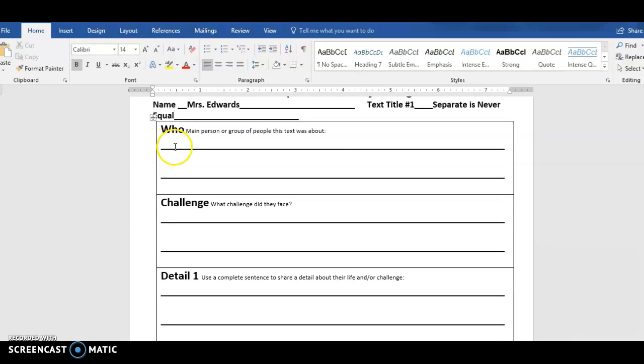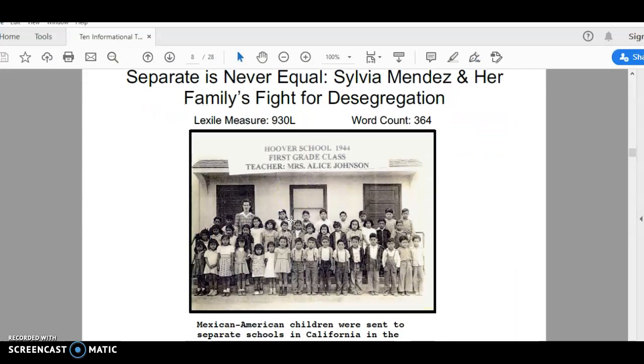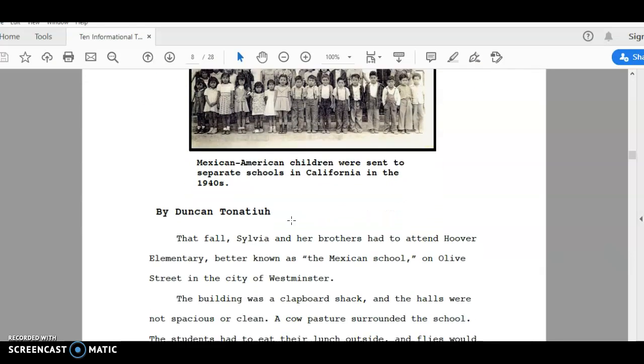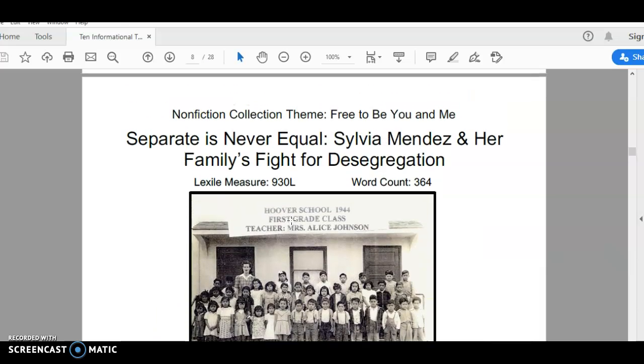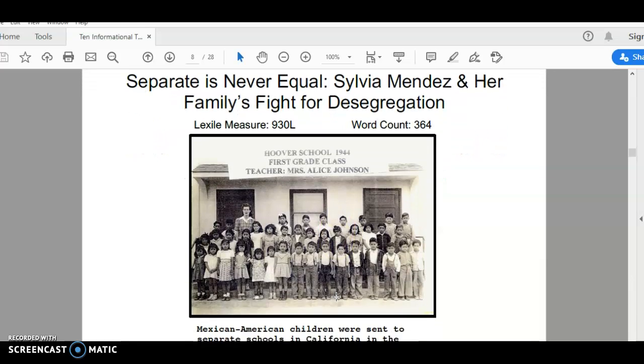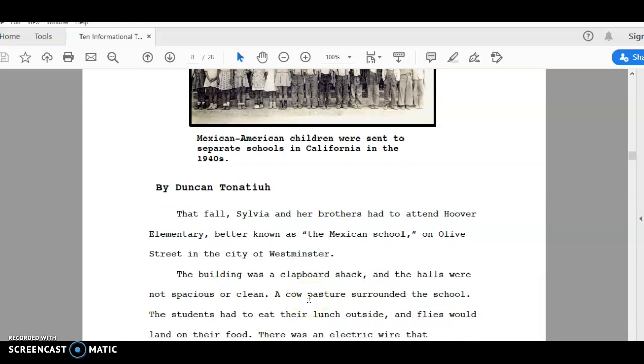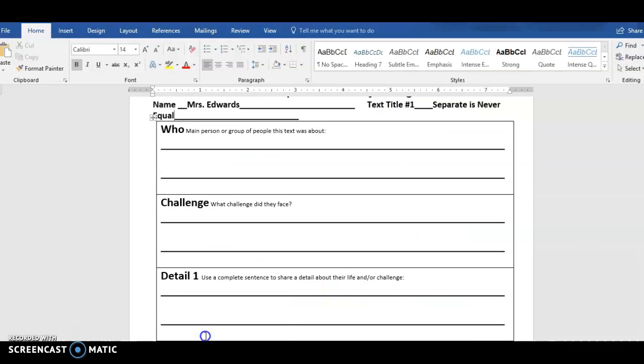So I look at my first box and it tells me who is the main person or group that this text was about. So if I go back to my text and I look, now granted, you're going to want to read through the text to make sure. It looks like this text is about the Mendez family. It says Sylvia Mendez and her family's fight for desegregation, or it might be about the whole group of these Mexican American children. So you're going to fill that in back over here.